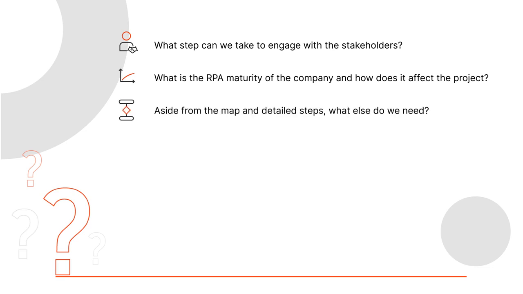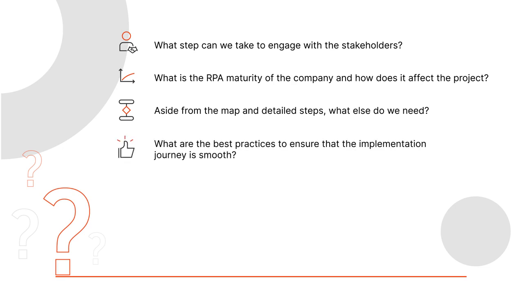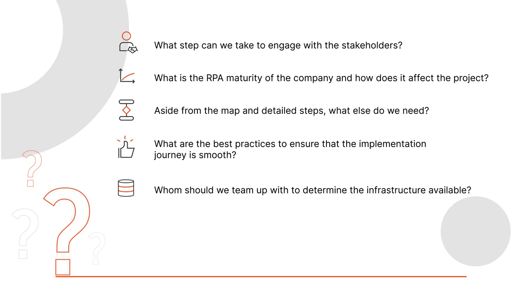Aside from the map and detailed steps of the as-is process, what else do we need? What are the best practices that we'll need to follow to ensure that the implementation journey is smooth? Who should we team up with to determine what infrastructure is available? How can we start collaborating with the technical team to get the required access for developers and robots?